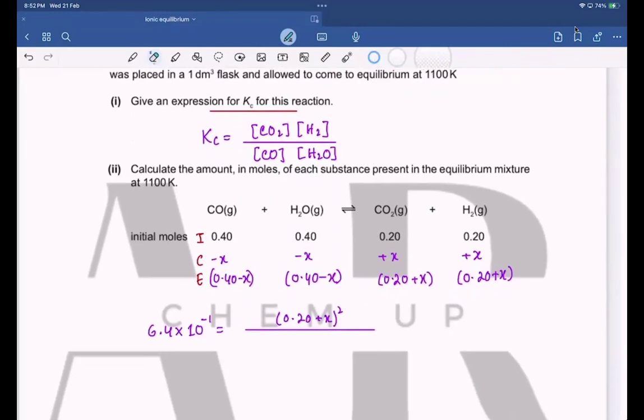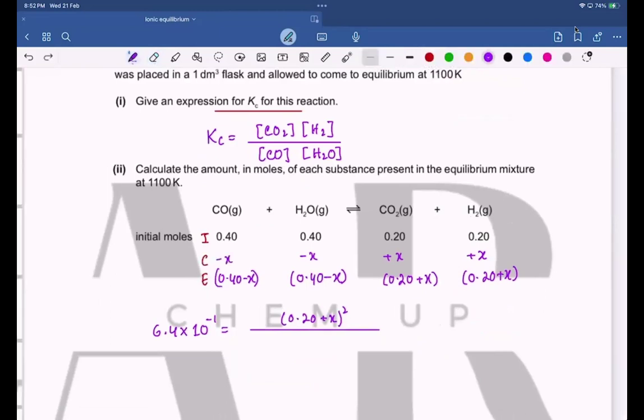And in the denominator, as these two are going to multiply with each other, I'm going to write 0.40 minus X whole square. Is this clear?